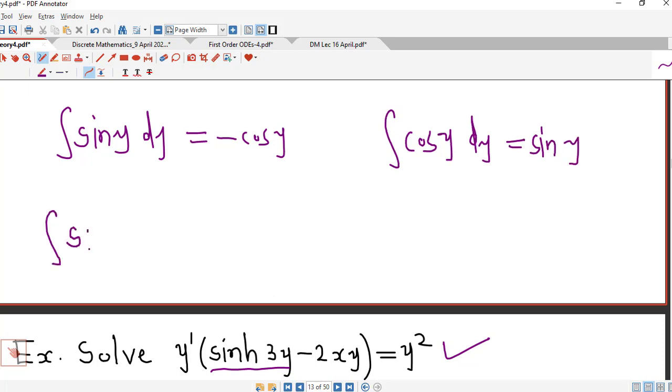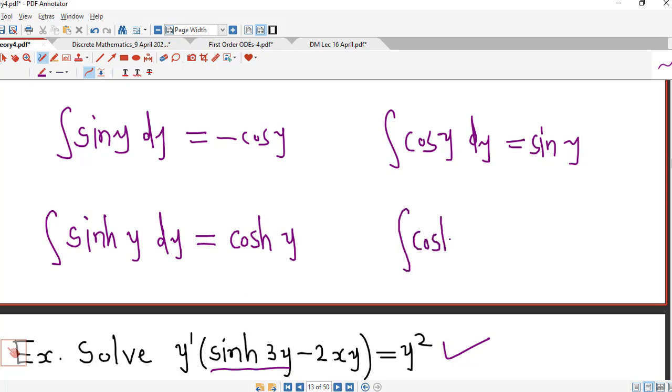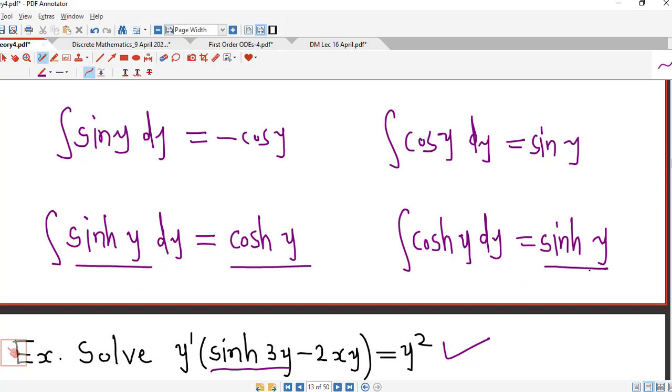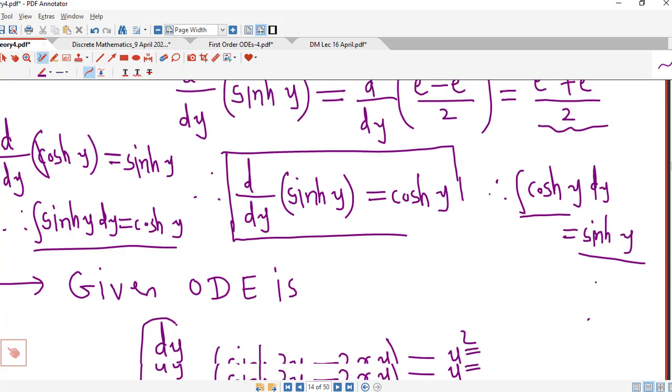But for hyperbolic functions there is no negative sign. We will remember this. The integral of sinh y is cosh y and the integral of cosh y is sinh y. Same thing for the derivative. The derivative of cosh y is sinh y. The derivative of sinh y is cosh y.